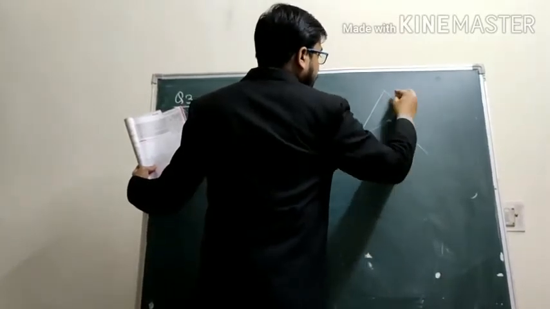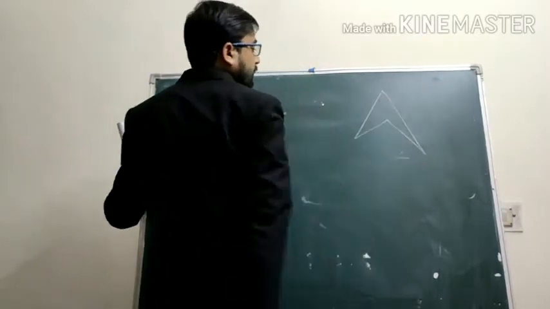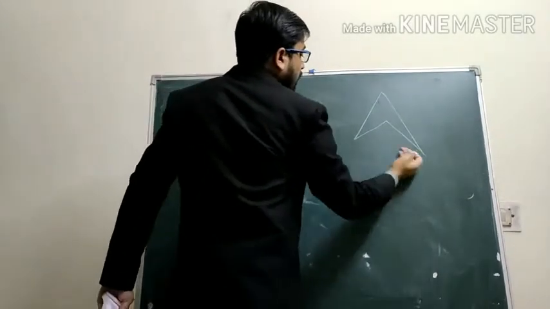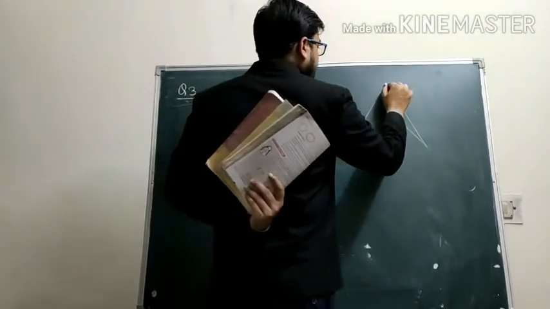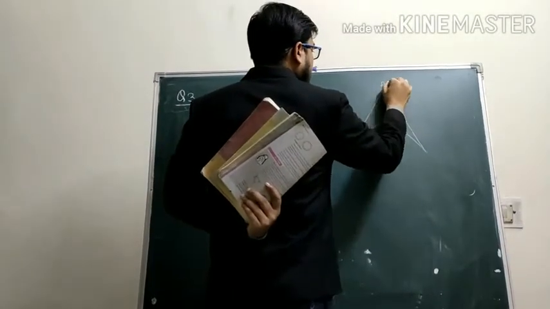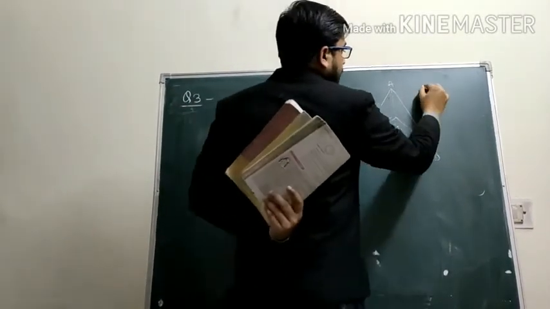Non-convex quadrilateral, how can you draw? This way. This is non-convex quadrilateral, that means concave quadrilateral. Join A, B, C and D. इसे क्या बोलेंगे?